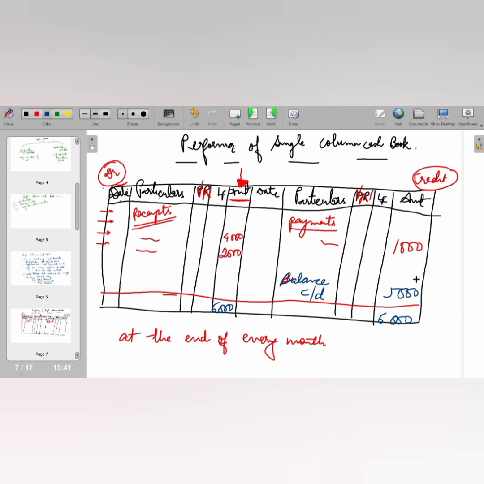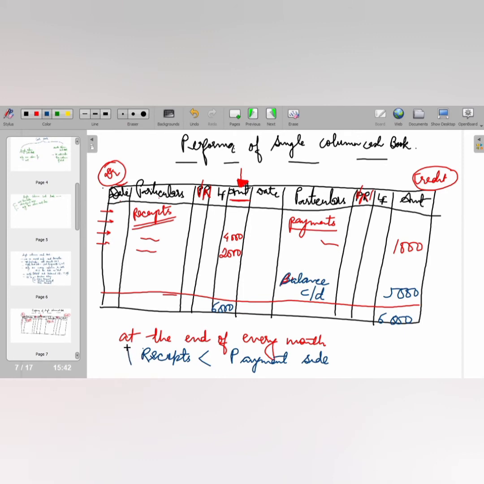What I have said, let me repeat it again. The receipt side will never be less than the payment side.